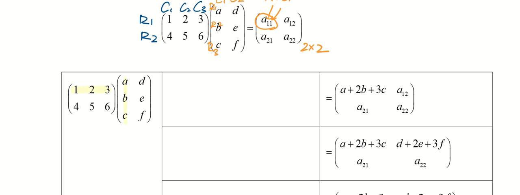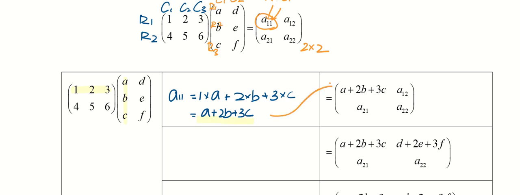So your A11 position equals 1 times A, plus 2 times B, plus 3 times C. You get A plus 2B plus 3C. Where do you find this? In the A11 position, which is here.